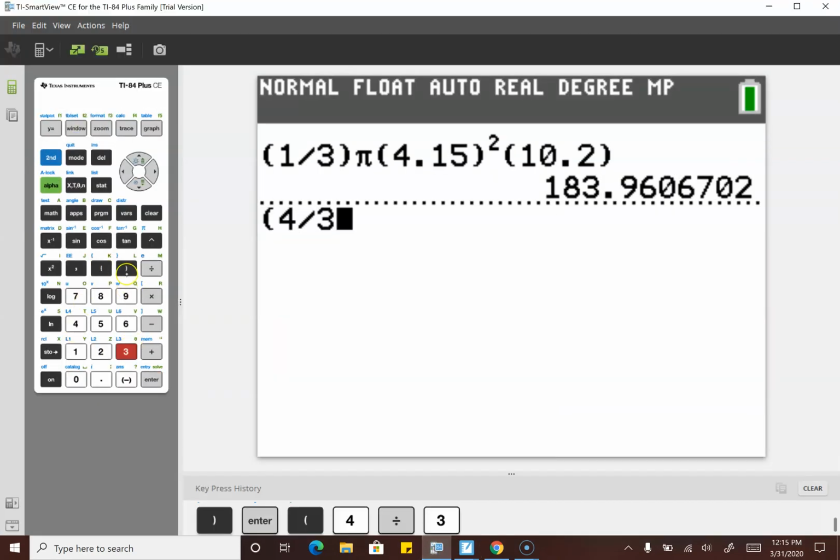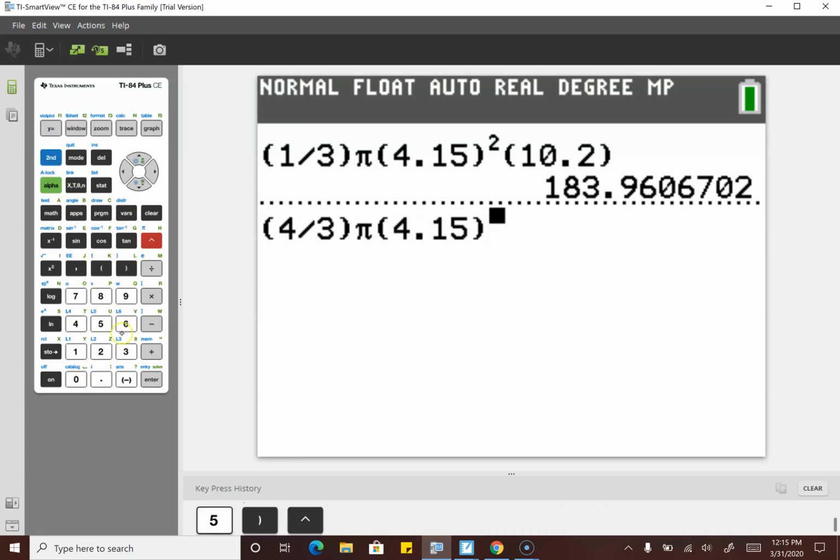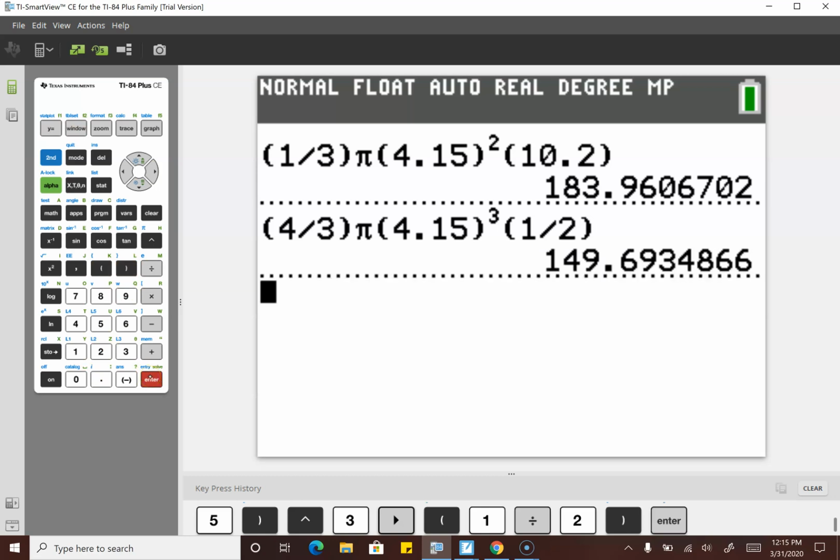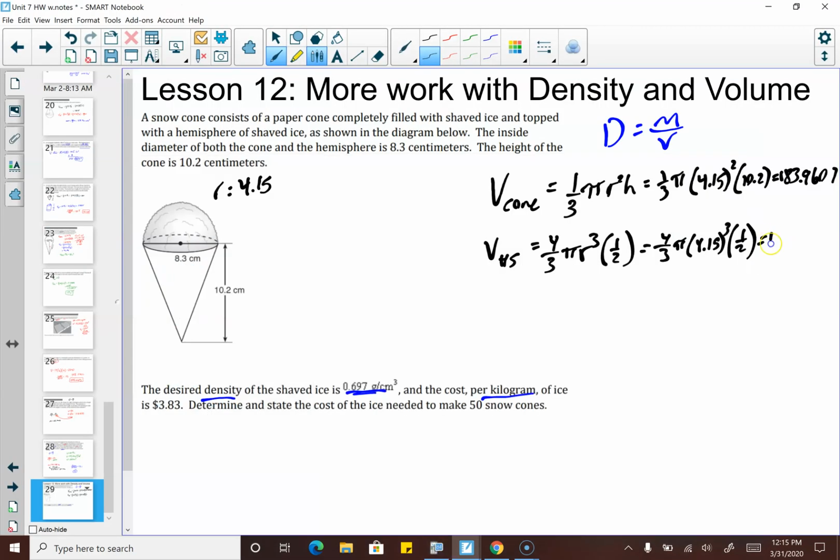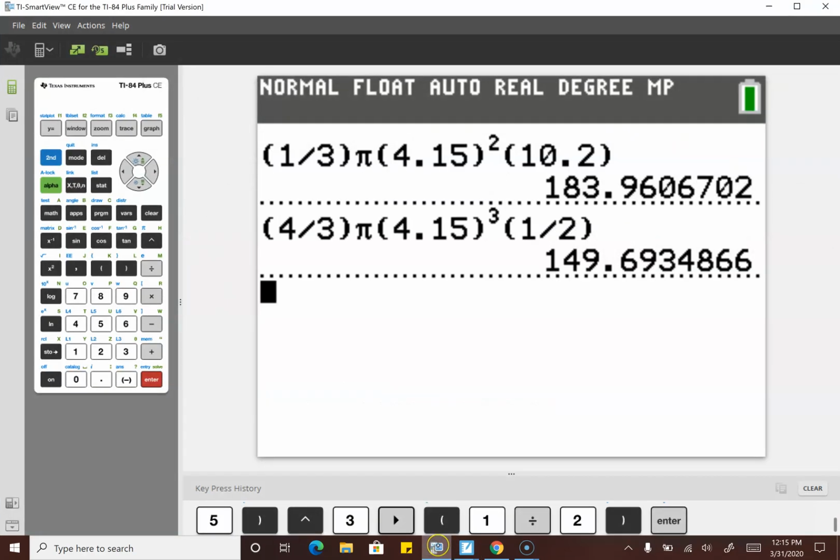So 4/3 pi 4.15 cubed, and then times a half, since we only have a hemisphere, gives us 149.6935.